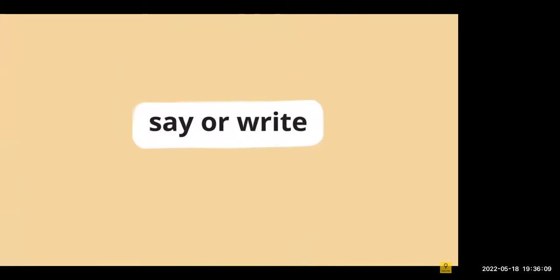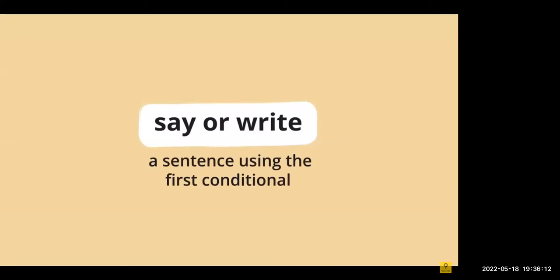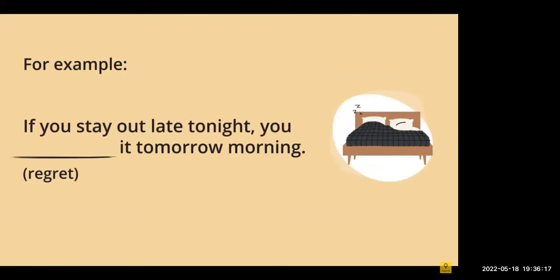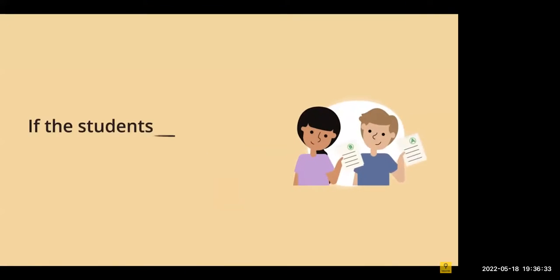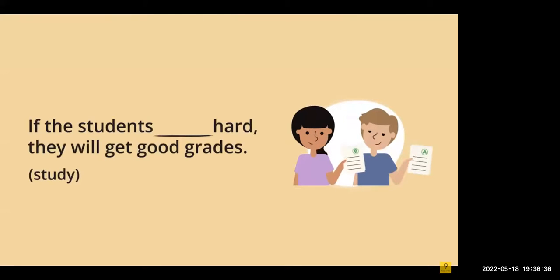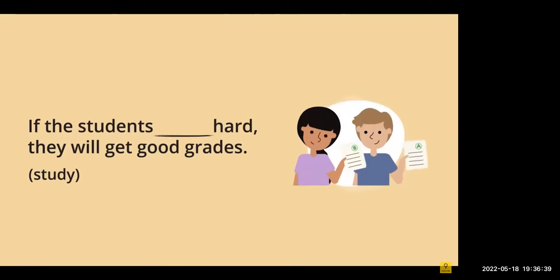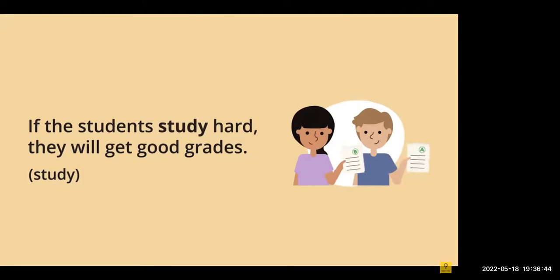Look at the picture. Say or write a sentence using the first conditional. For example, if you stay out late tonight, you will regret it tomorrow morning. Now you try. If the students study hard, they will get good grades.